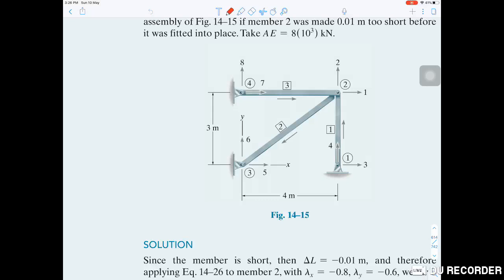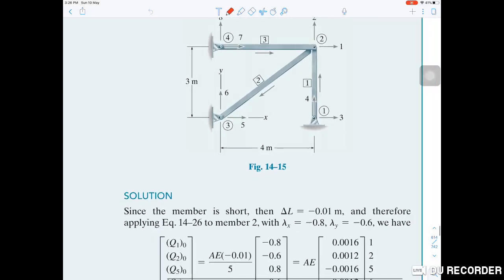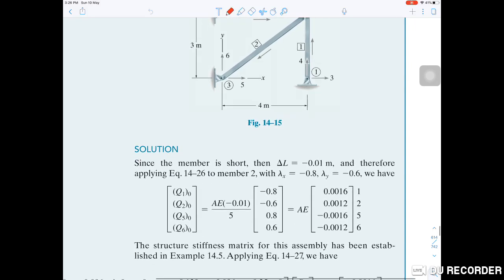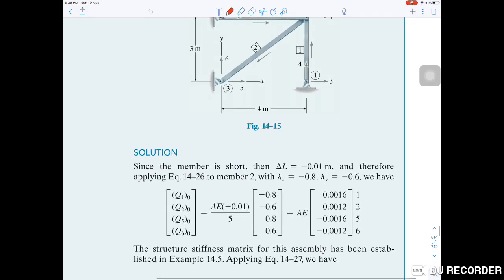If we refer to the solution given in the textbook, again this is the same truss. So the solution also focuses on the effect only, since the member is short.